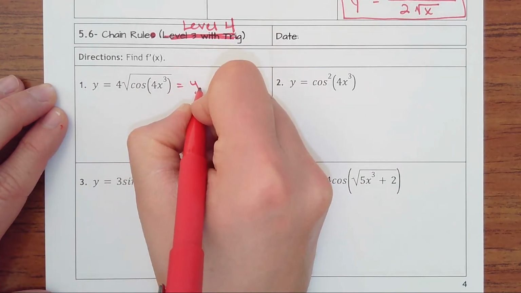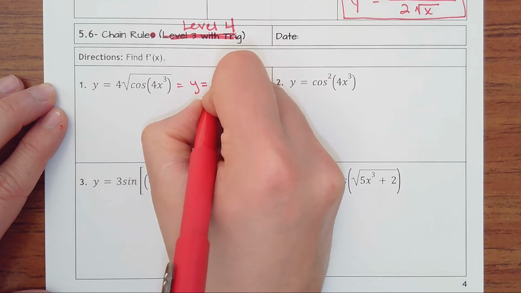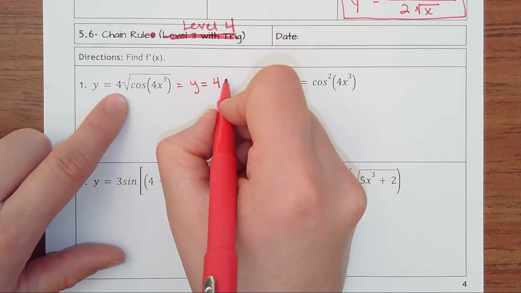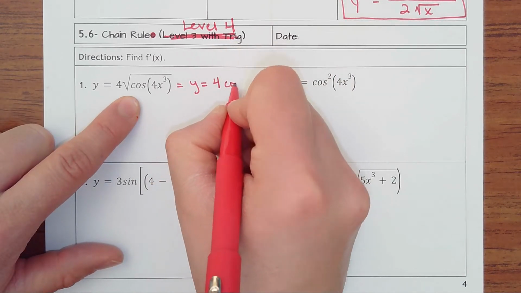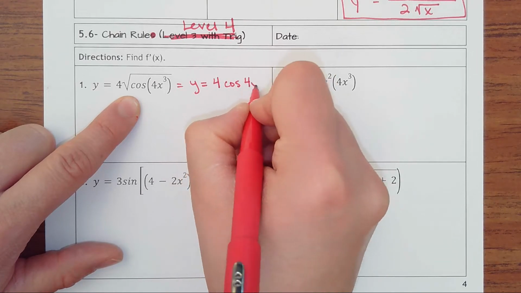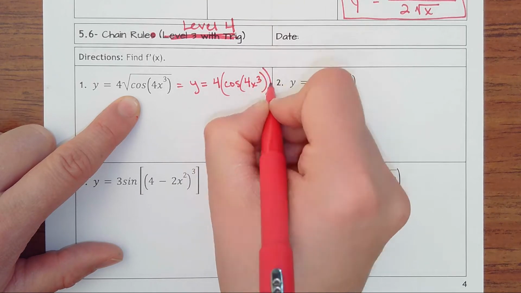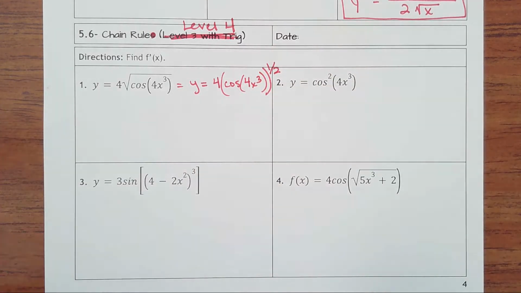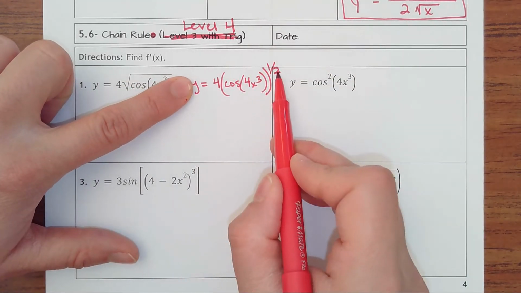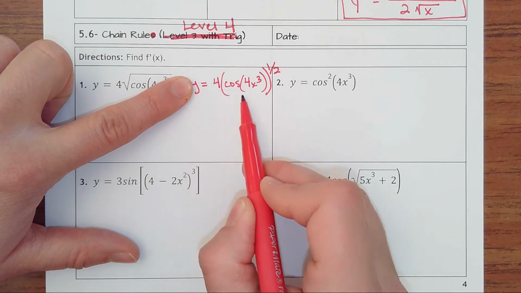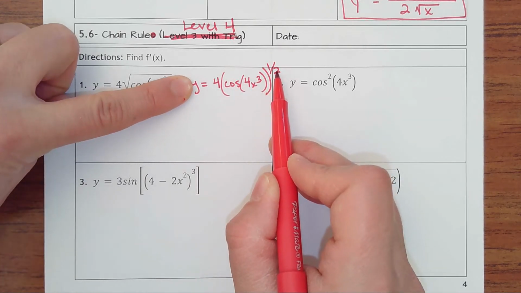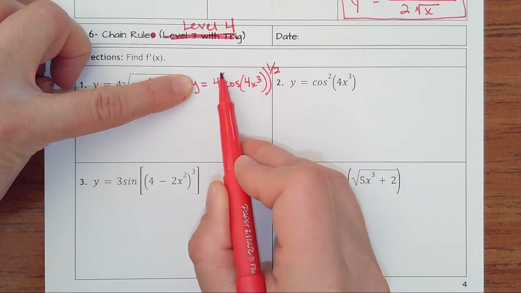I'm going to put y equals 4 times cosine of 4x cubed raised to the 1/2 power. So my outer function here is really 4 something to the 1/2 power. I want to do my power rule with this whole thing.